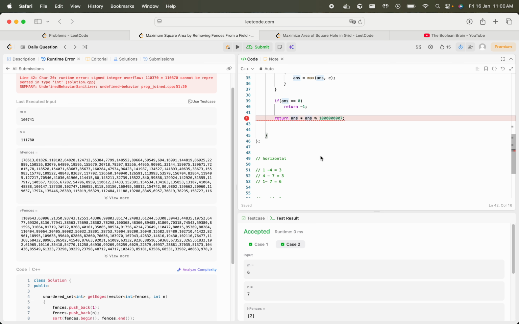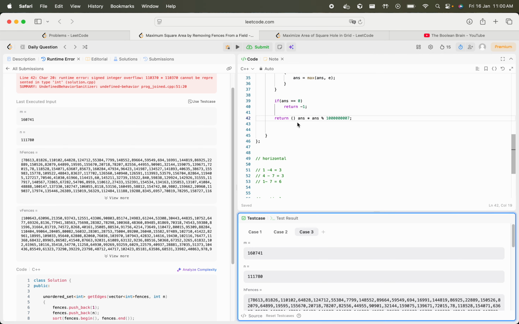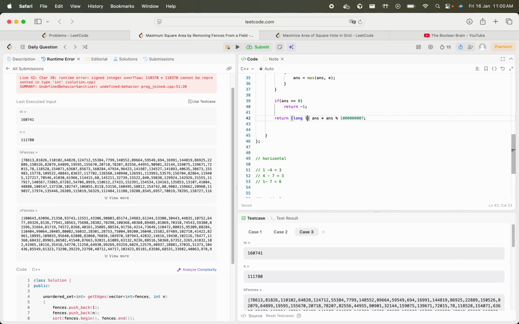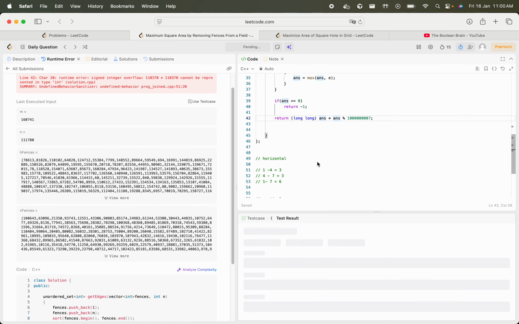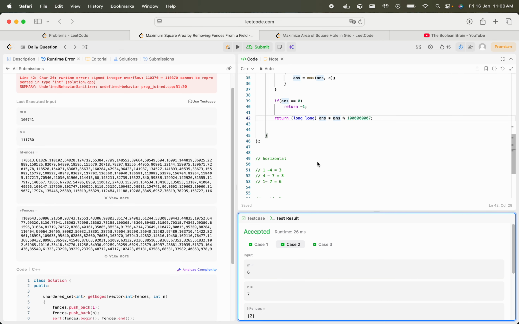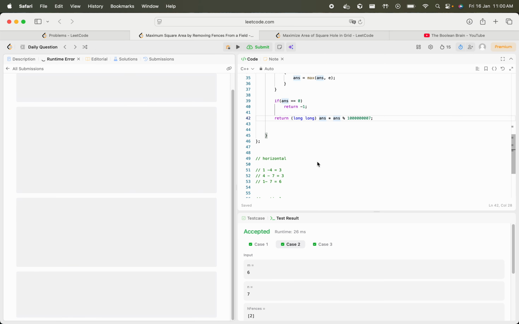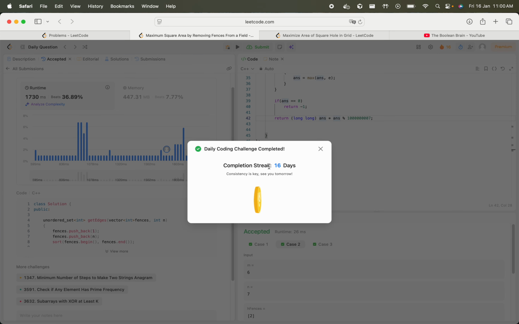I think we need to convert it into long. Yeah, and yes, the problem statement is successfully accepted.